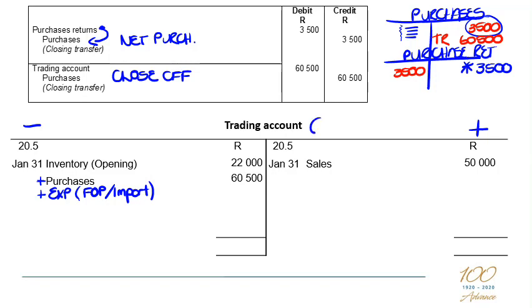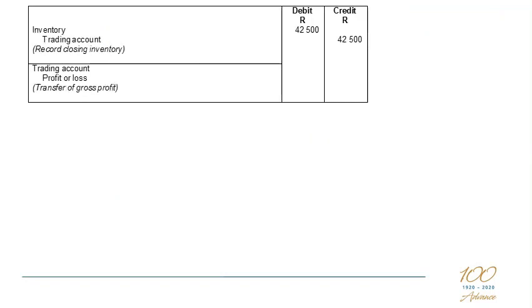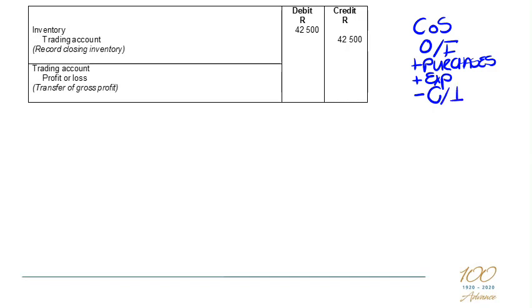In the trading account, I'm trying to calculate the gross profit. Gross profit is sales less cost of sales. In the absence of a cost of sales, I need to go over into calculating cost of sales. The final step to calculate cost of sales was opening inventory plus the purchases plus any other expenses which we do not have minus the closing inventory.